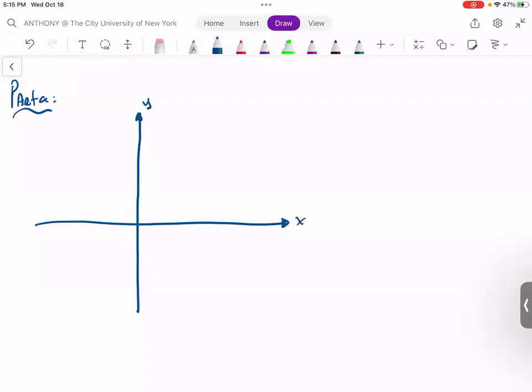So I'm drawing a parabola where the vertex goes somewhere around here, 0, 4. Let's say that our parabola looks something like this. We'll use dotted lines first, and then we'll try to connect them.